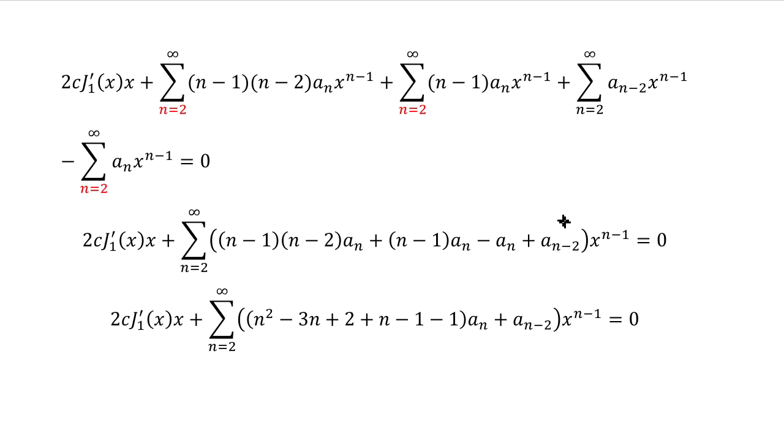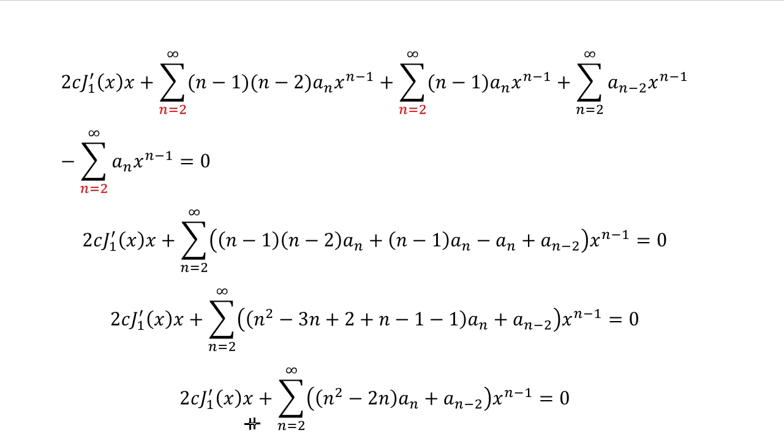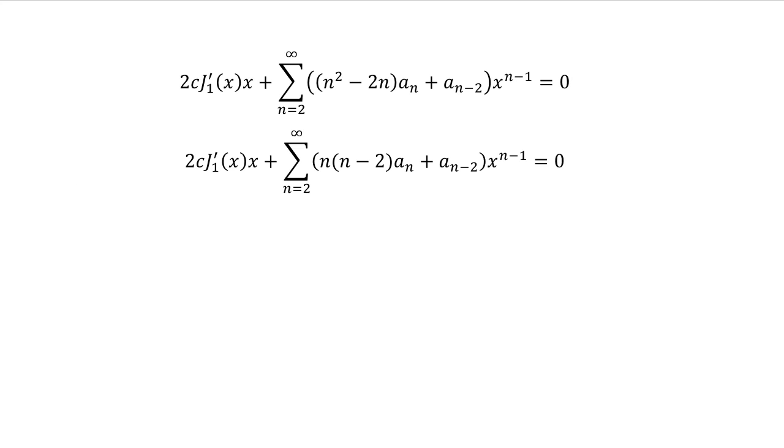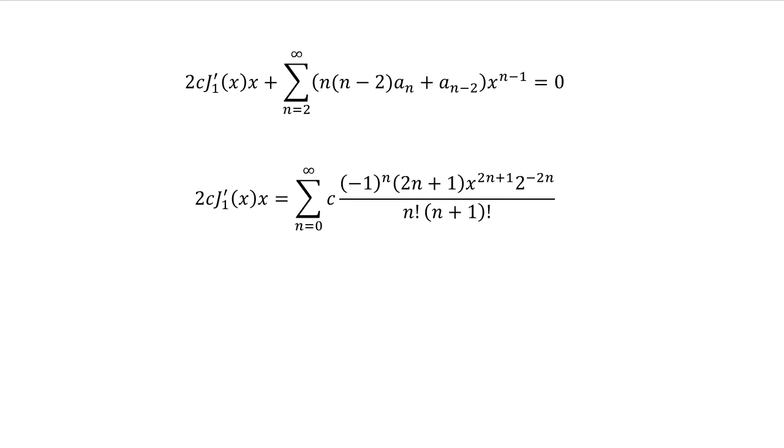We will simplify it just by first pulling the x to the n minus 1 out and combining the an's together. And the result is that you get n squared minus 2n an plus an minus 2 times this equal to 0 with this 2c j1 prime x times x. Now we can further simplify this by factoring the n out.